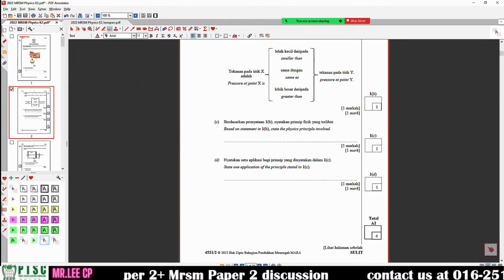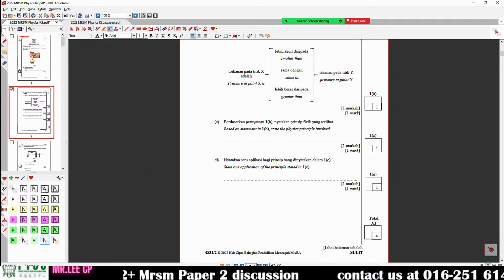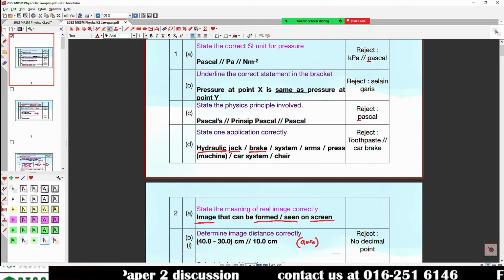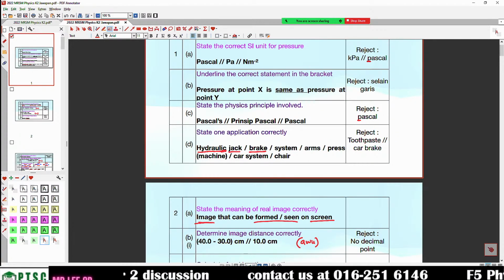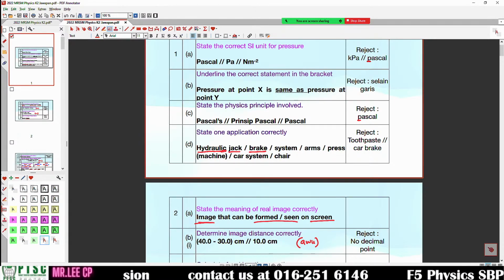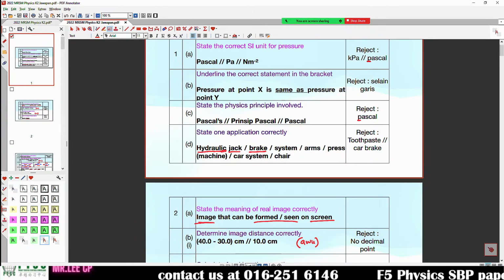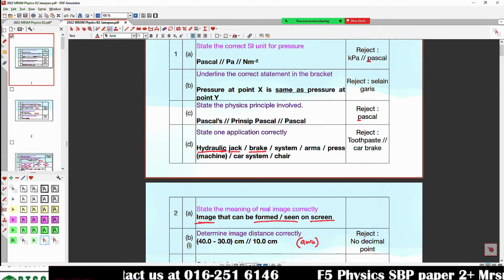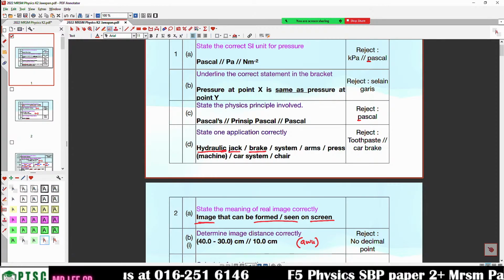Okay. Name one application in 1c. So hydraulic jet, hydraulic brake, hydraulic system, hydraulic arm, press, hydraulic press, alright. Car system and chair, all these hydraulic chair, hydraulic car system, okay. Press machine, okay.